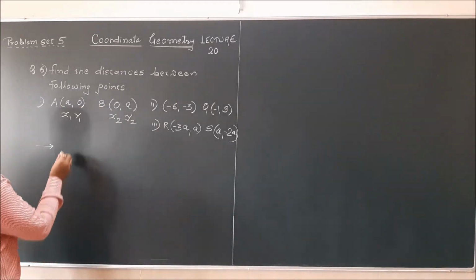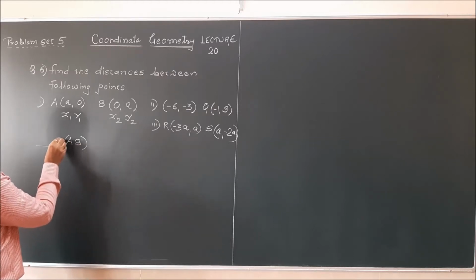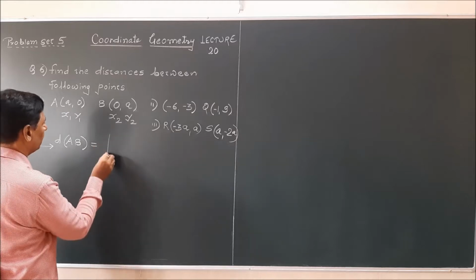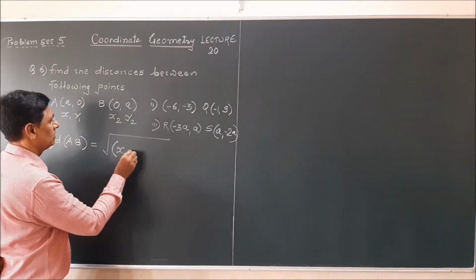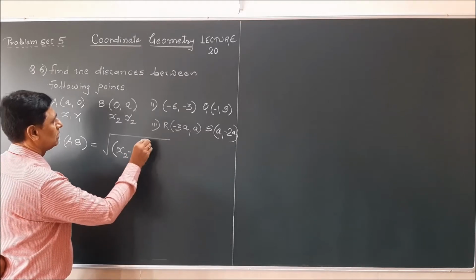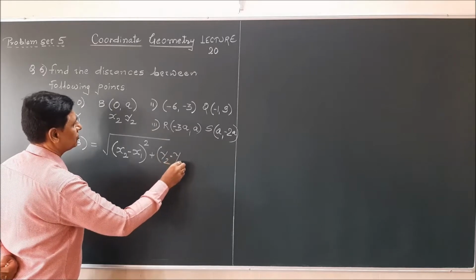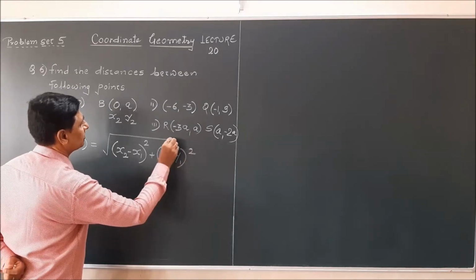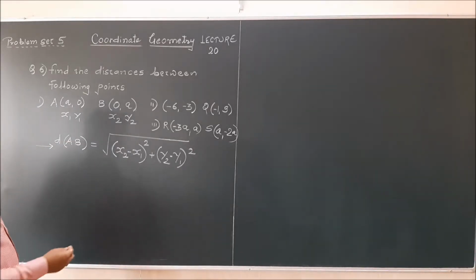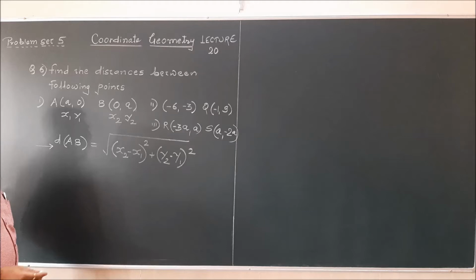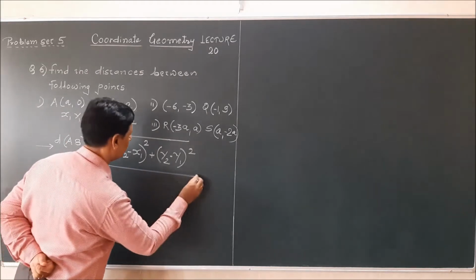So distance AB is equal to square root of (x2 minus x1) whole square plus (y2 minus y1) whole square. Very simple. We'll substitute the values only.